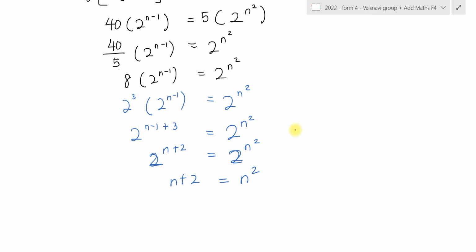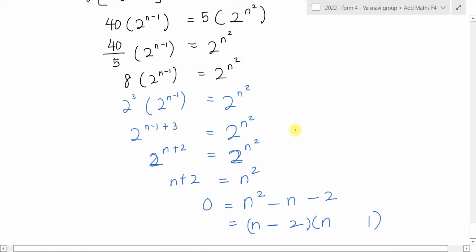Okay, and then this makes it a quadratic, n square. N plus 2, you bring here, minus n and minus 2 equals 0. And then you factorize it. N, 2 and 1, you must get negative 1. So negative 2 and plus 1 equal to 0.